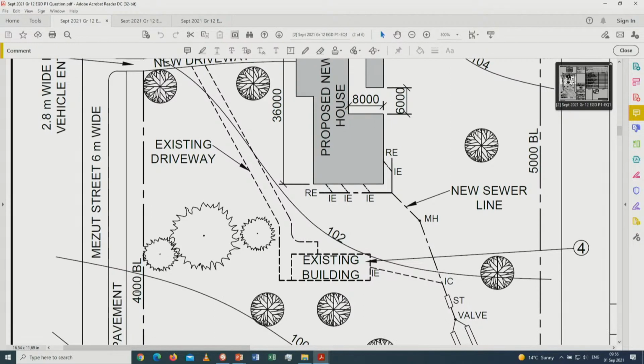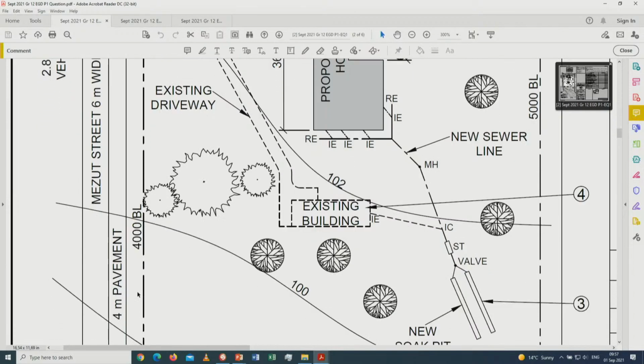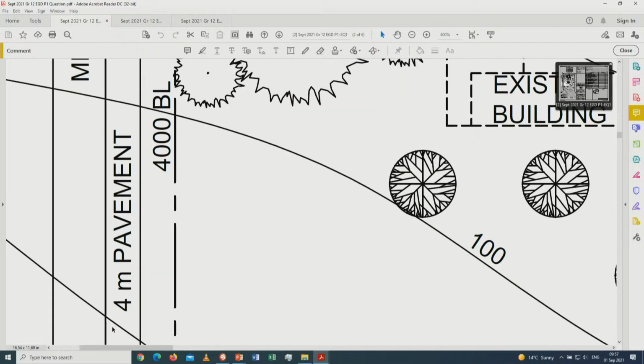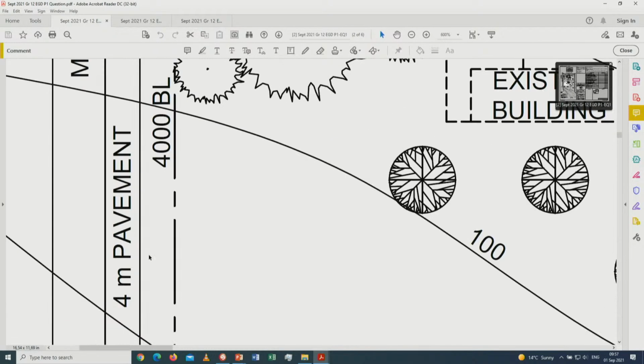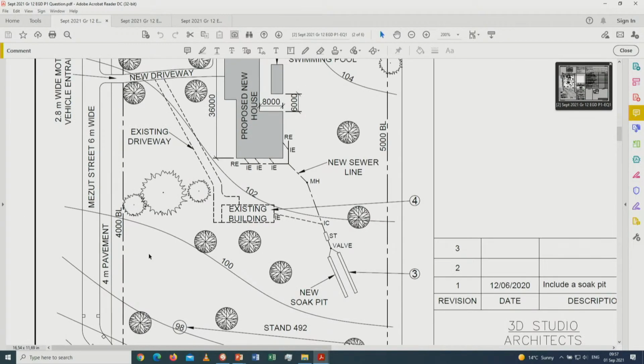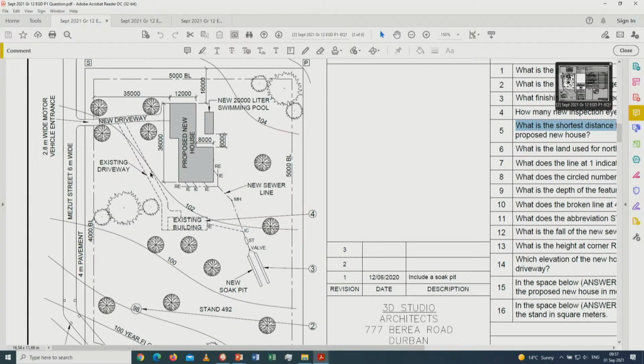That's another 4 meters or 4,000 millimeters, and then the pavement is also 4 meters. All right, but now can you see the way the examiner is giving it? One is in meters, one is 4,000. So this becomes a middle order question if the learner needs to get to the correct answer. All right, so that gives you 35, gives you 39, gives you 43 meters from this position, from the new proposed house all the way to the Mesut Street that you see over there.